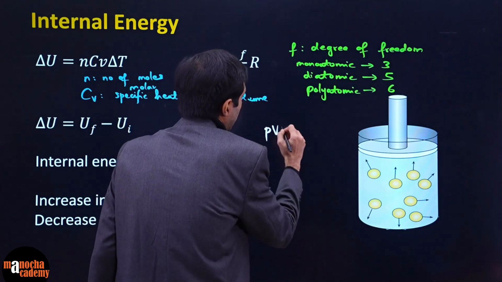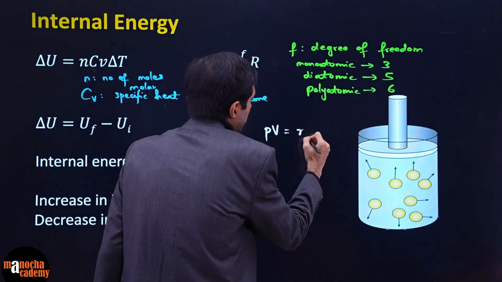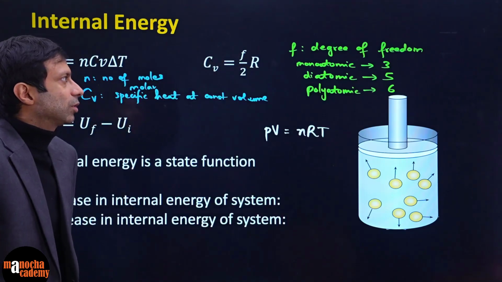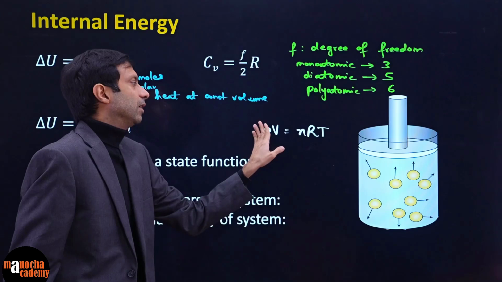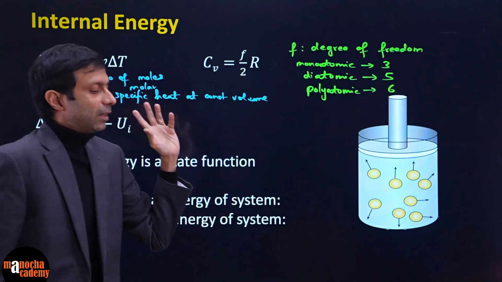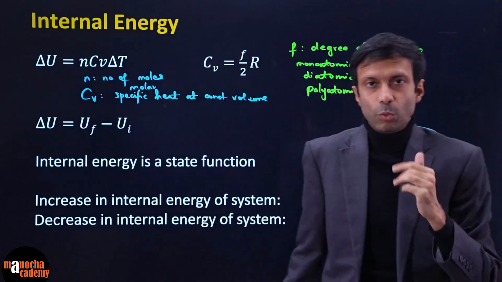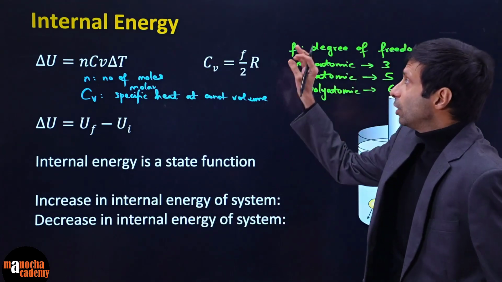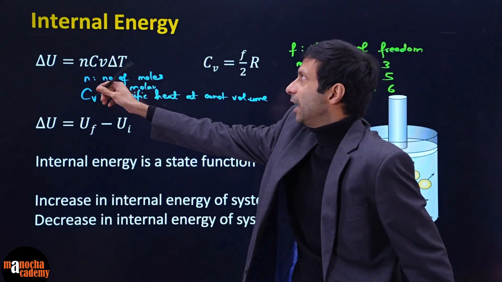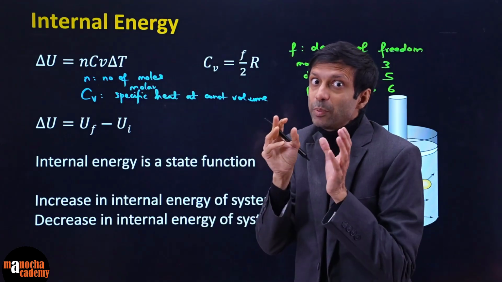In PV equals nRT, number of moles times universal gas constant. You guys are familiar with that, right? Otherwise, you can check in your books. So that's how we get the molar specific heat capacity of the gas. The advantage is this helps us calculate the internal energy change, and you can see it is based on the temperature change.